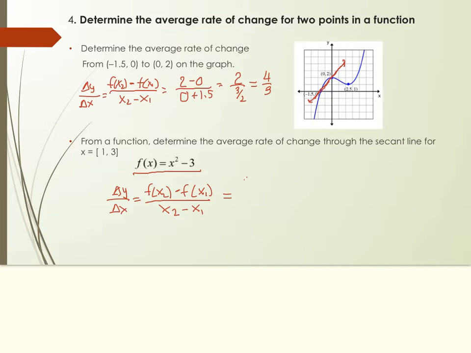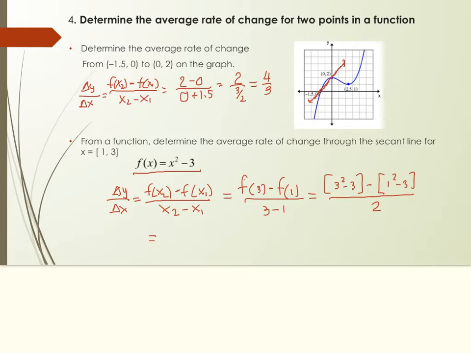So how I will do this is I will put in f of 3 minus f of 1 divided by 3 minus 1. Well, what's f of 3? Well, I can do that. I can do 3 squared minus 3 minus 1 squared minus 3, divided by 2, right?